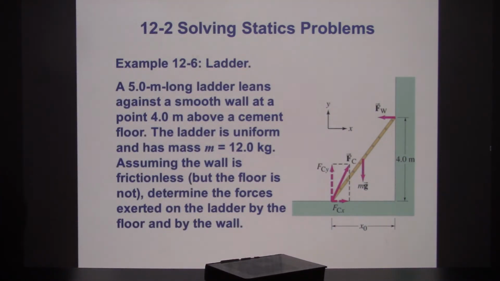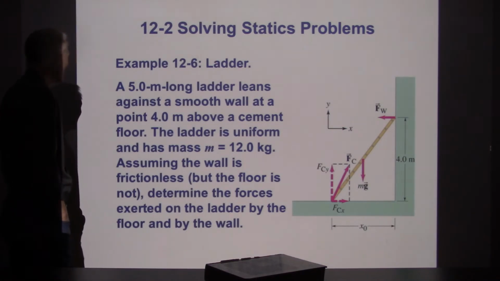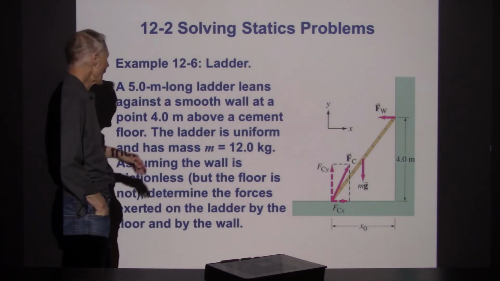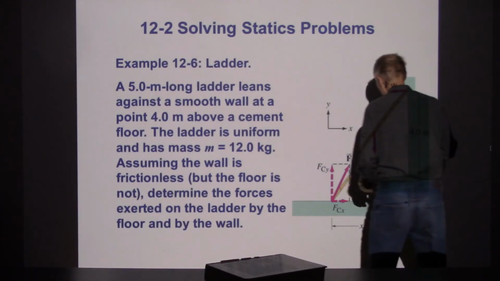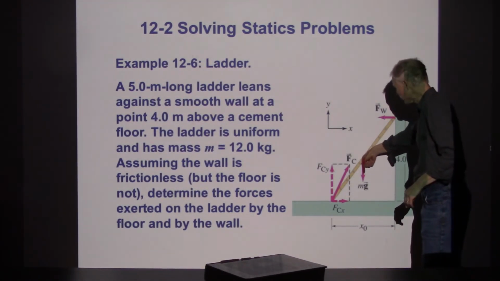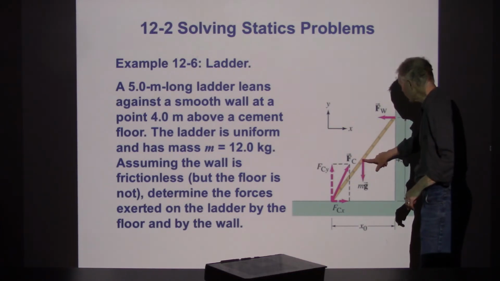I think we can use the Pythagorean theorem. You have probably seen plenty of 3, 4, 5 right triangles in your math classes, so we can use it to determine that distance. Now, the ladder has a mass of 12 kilograms, and the center of mass is located right in the center. So I'm going to get an mg on the ladder.